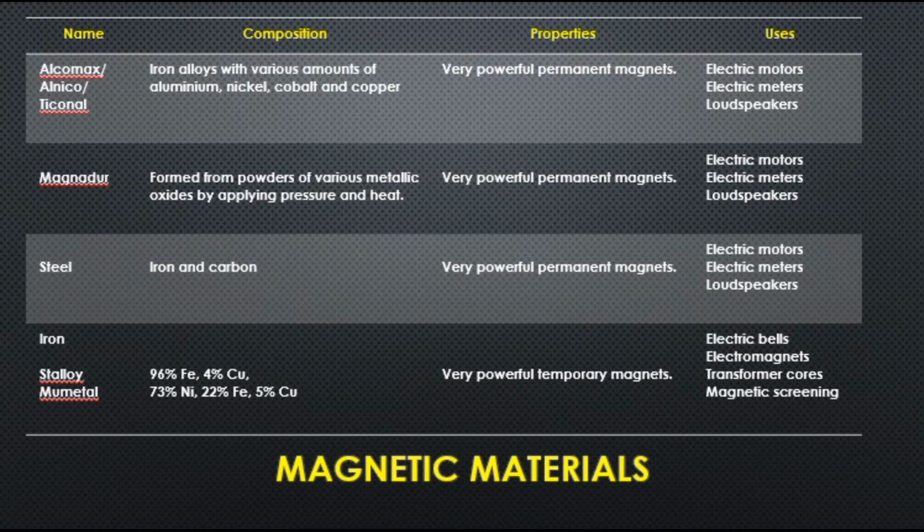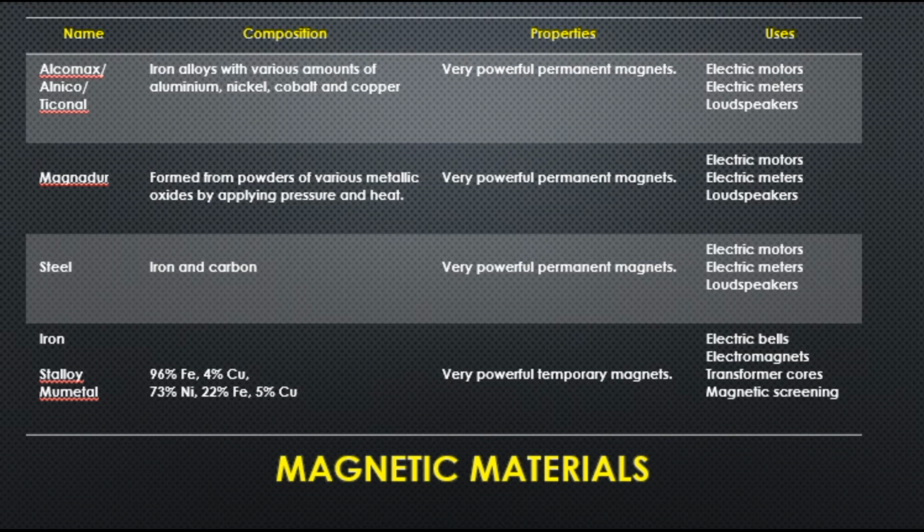Composition, iron alloys with various amounts of aluminium, nickel, cobalt, and copper. Properties, they are very powerful permanent magnets. Uses, electric motors, electric meters, loudspeakers.